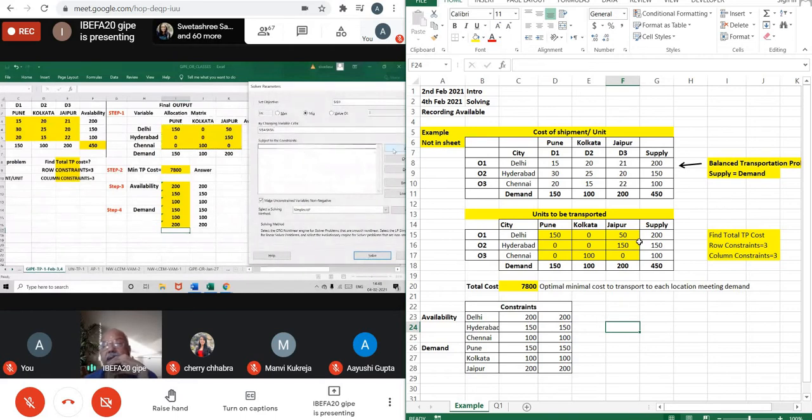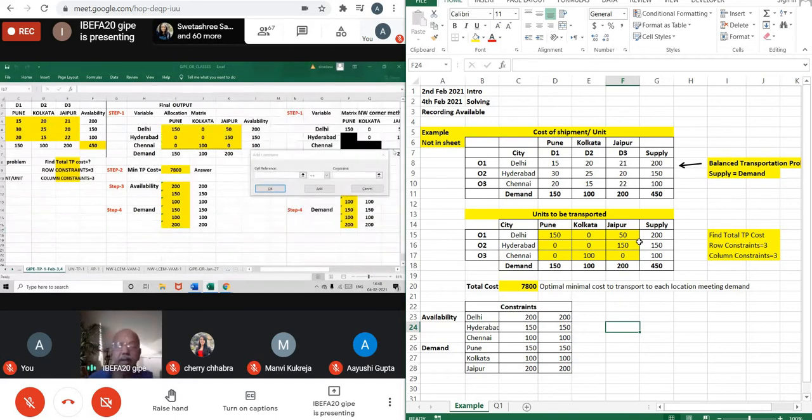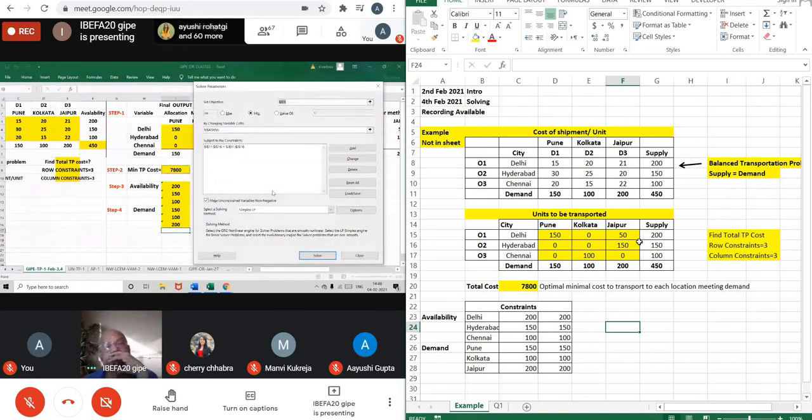And the constraints are equal, so at a time I can choose all. Okay, this is the algorithm. Solve it.